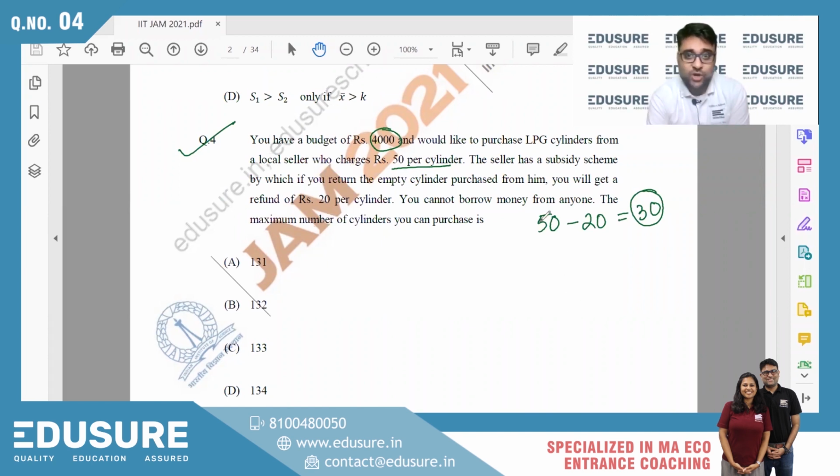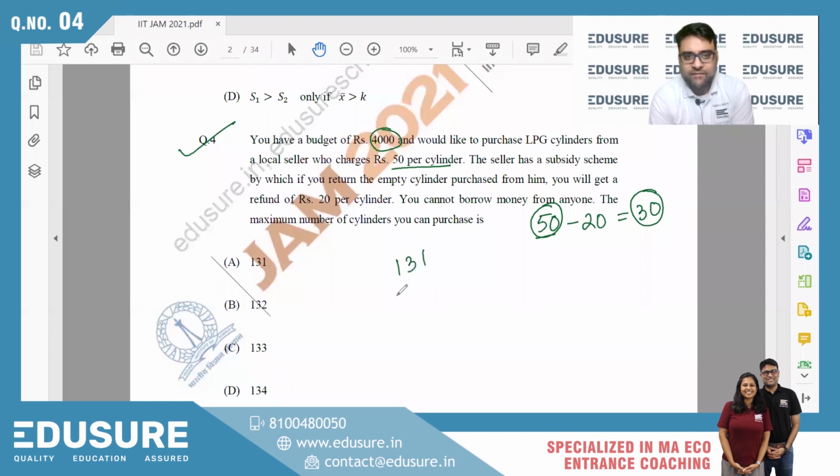But you need to ensure that 50 rupees can be spent. You need to have that much money. It cannot be that I have 30 rupees, I borrow 20 rupees from the market and then give back the 20 rupees once I return the empty cylinder. That cannot happen. You cannot borrow money from anyone. It is given. Okay. The maximum number of cylinders you can purchase.